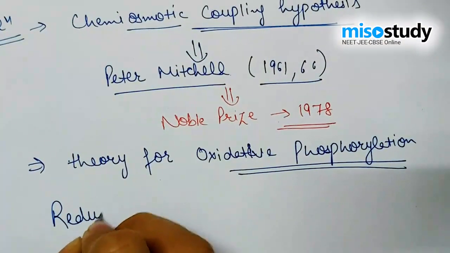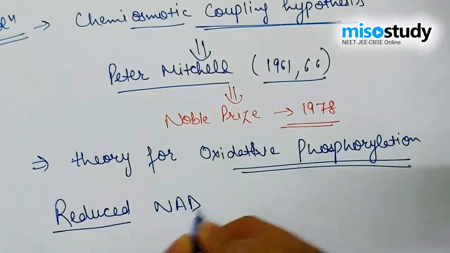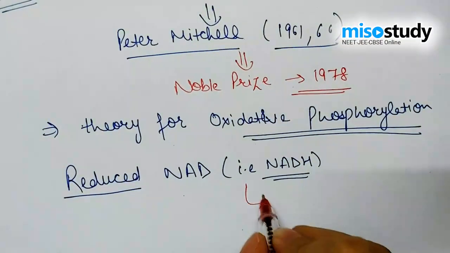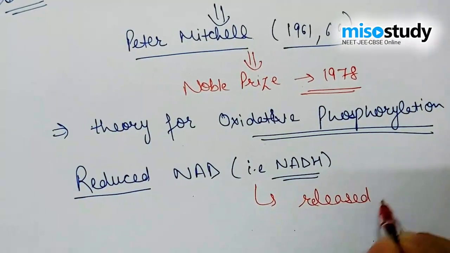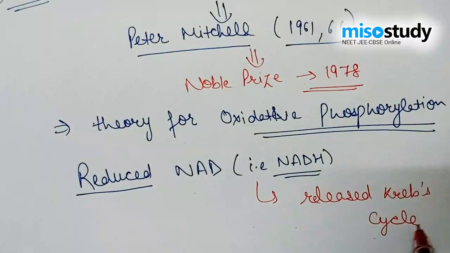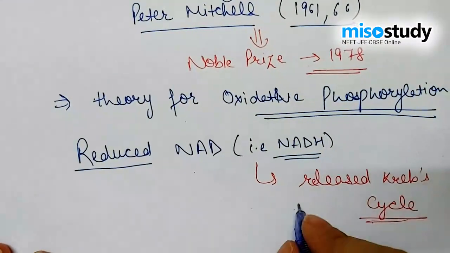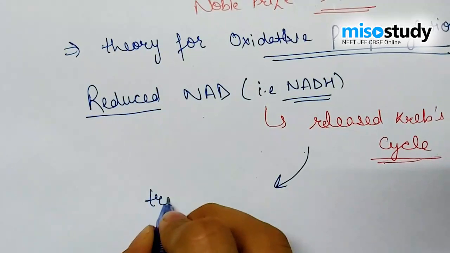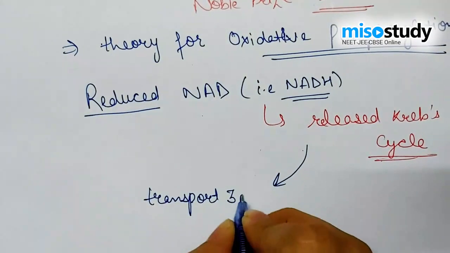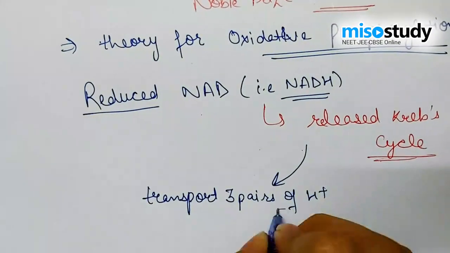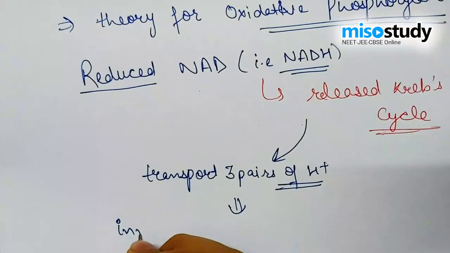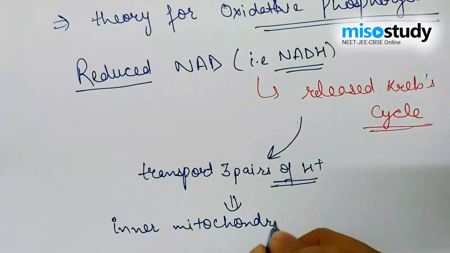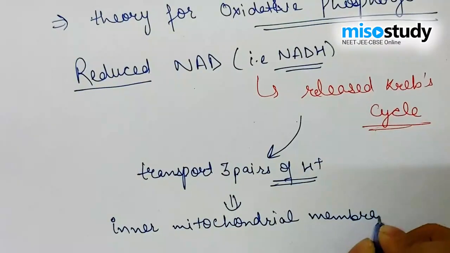In the theory, they discuss that reduced NAD, that is NADH, is released from the Krebs cycle, and also transports 3 pairs of H+ ions across the inner mitochondrial membrane.